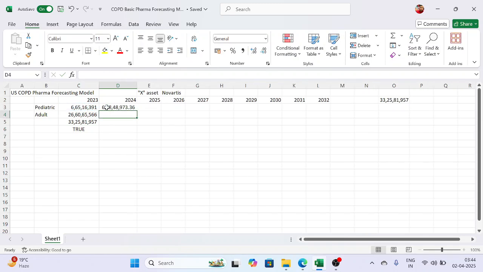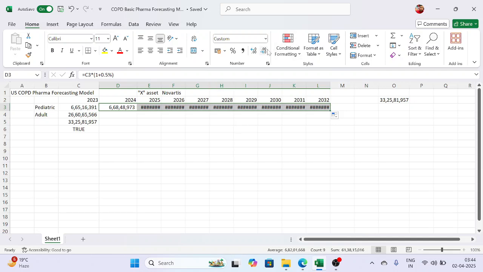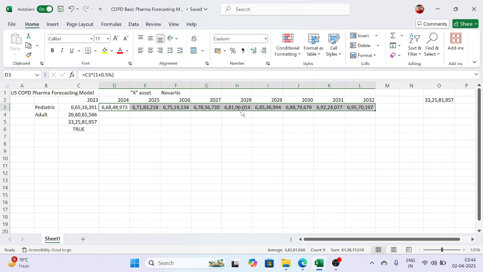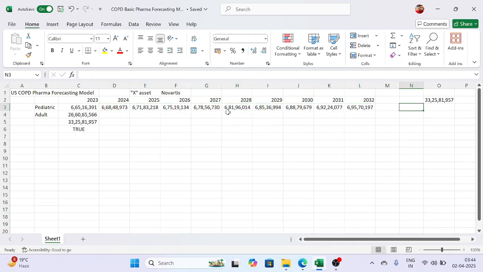Again, I'm taking a rough estimate here. It can be 1%, so basically it's around 0.5 to 1%. Here I'm using Alt HOI just to adjust these cells, or you can also use this shortcut key.